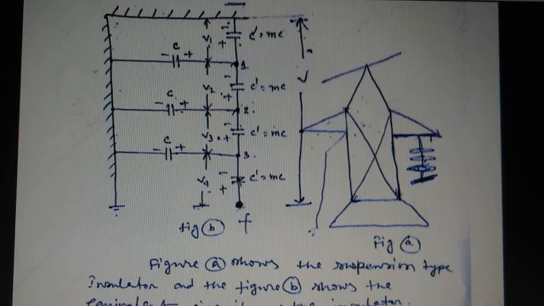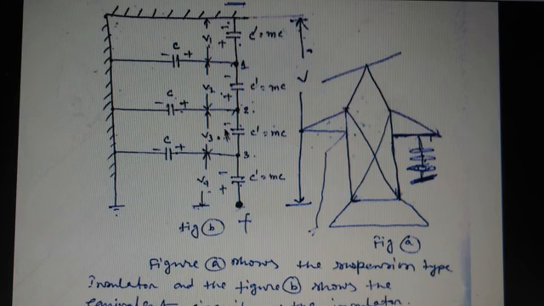So in this capacitance, this terminal is plus and this terminal is minus. In case of this capacitance, the potential of this point is more positive than that point. So this is the higher potential and this is the lower potential in this diagram.